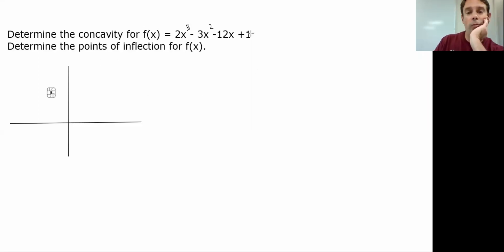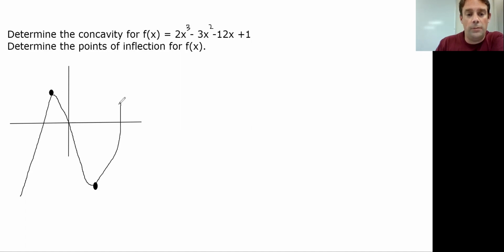And then I had a relative minimum at 2, negative 19. So when we looked at this cubic, we found the relative max, and you can go back and check the video and your notes to see that. And then we had this relative minimum way down here, and then it came back up.